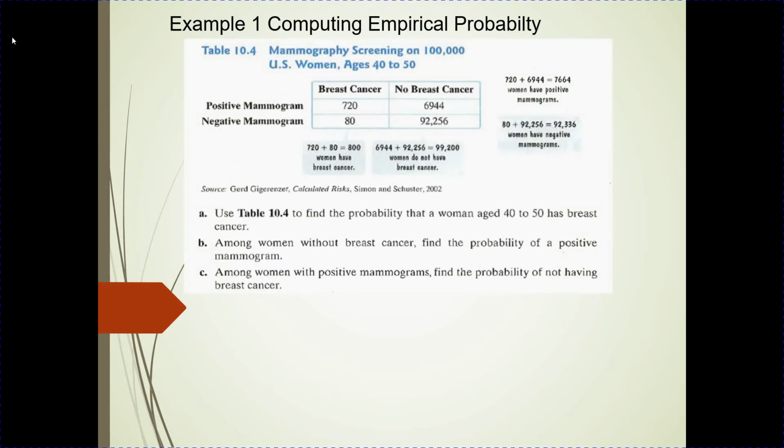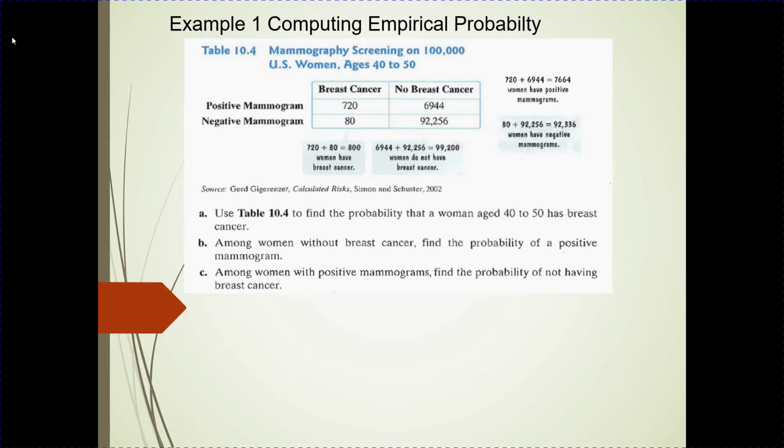Example 1: there is data given about mammography screening on 100,000 US women, age varying from 40 to 50. As you can see, the data displays the number of breast cancer patients with their respective positive and negative mammography screening, and the number of patients with no breast cancer with their respective mammography screening result.